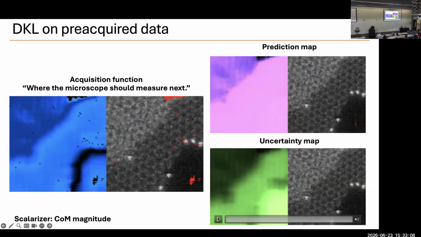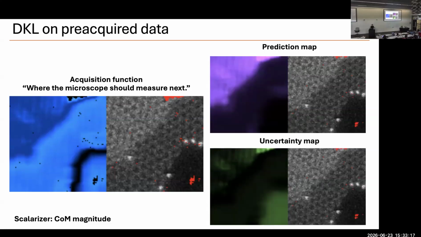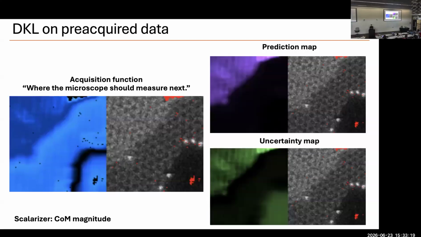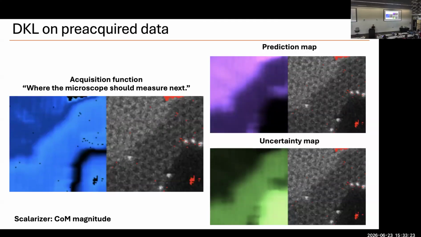I'll show you how prediction and uncertainty also evolve over time. It's interesting how prediction and uncertainty don't actually change that much through the experiment, from the third measurement all the way up until the 100th measurement.